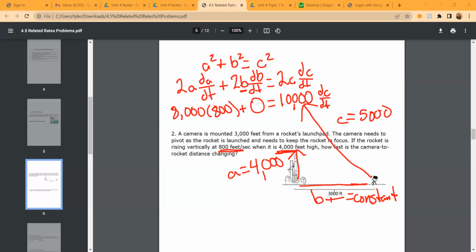All we have to do at this point is we're just going to multiply 8,000 times 800, and then we're going to divide by 10,000. And that gives me dC/dt equals 640. And then let's make sure we have the right units. 640 feet per second.